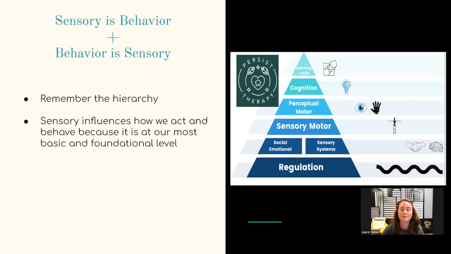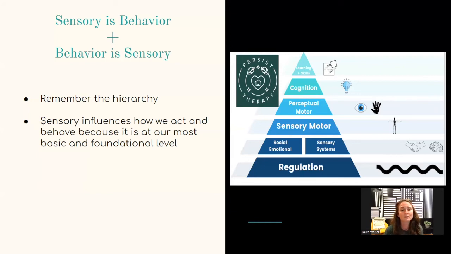Or maybe they're understimulated, or maybe the environment is so busy they're feeling very overstimulated, and so it's hard to respond to it. And maybe they just can't focus and attend because their sensory system is just screaming at them that it's too much for them and they just can't give their attention there.